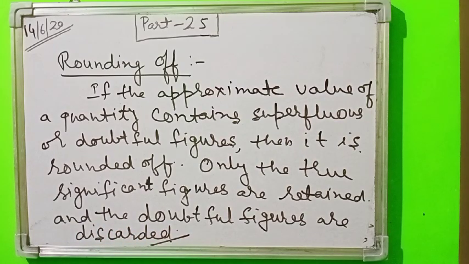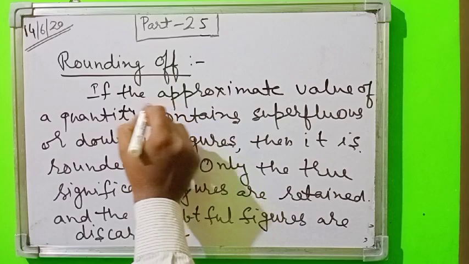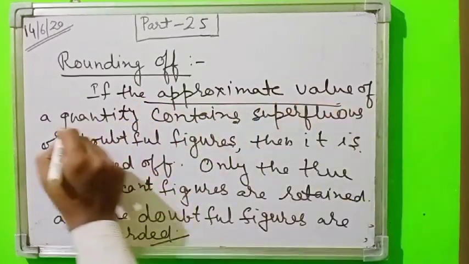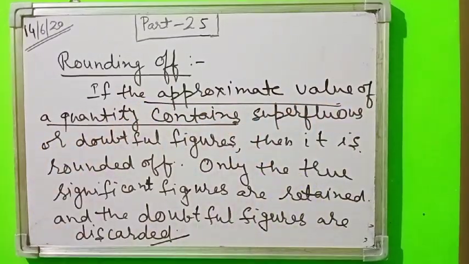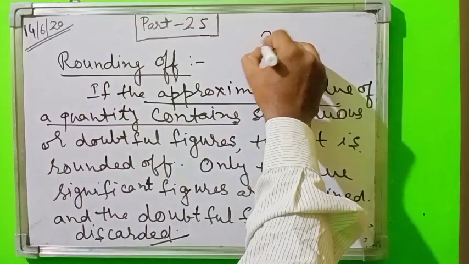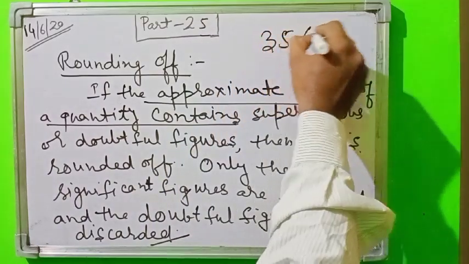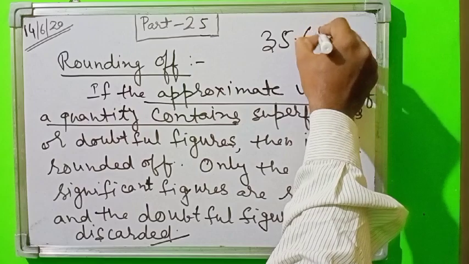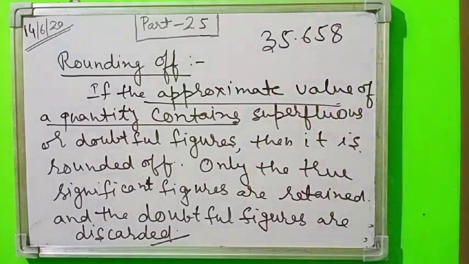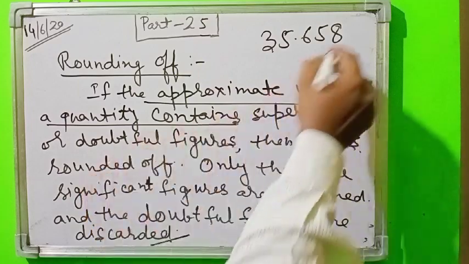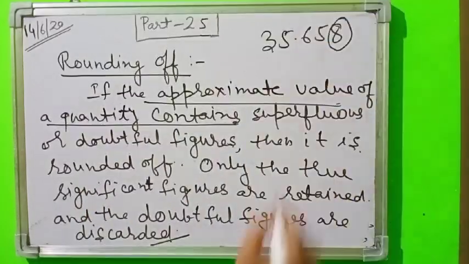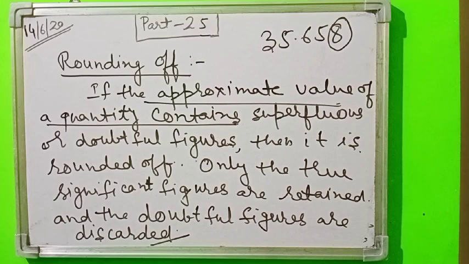The meaning is very simple. We will discuss certain rules, but try to understand this. Suppose you had approximated the value 35.658, the last digit is the doubtful or superfluous figure.